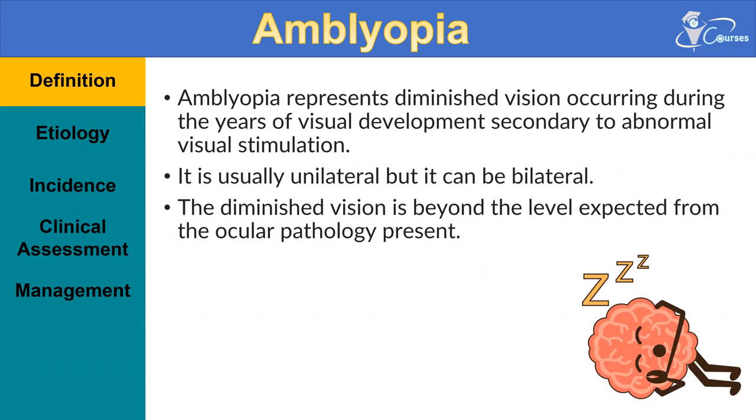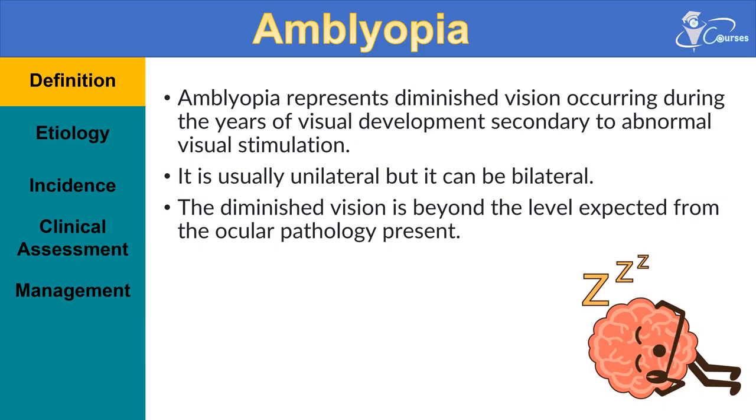We commonly encounter this scenario when we find patients who have a large error of refraction of like -10 or -20, and when you correct them by glasses, you still see that they cannot see by glasses. So why can't they see by the glasses? Here you should suspect the presence of amblyopia because the diminution of vision is not corrected even after correction of the cause.